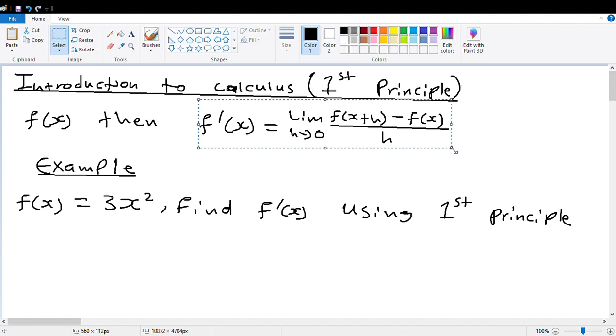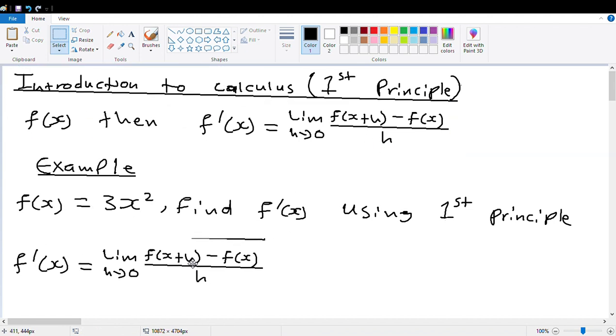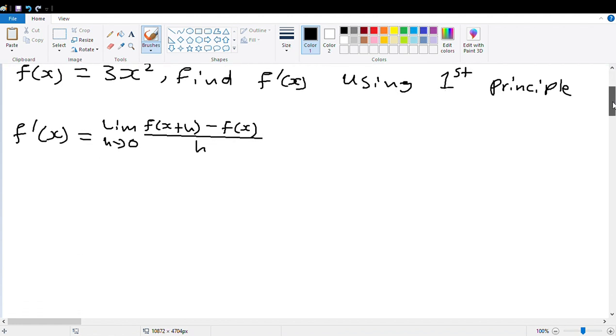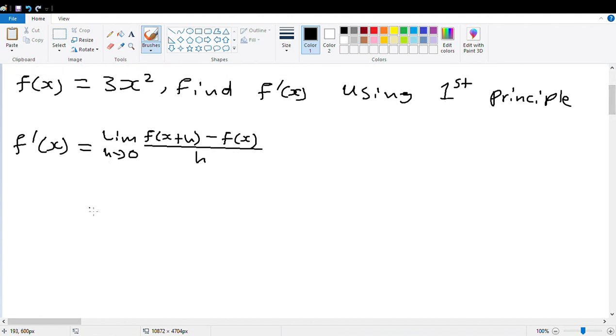Let me copy and paste. There we go. So we're simply going to substitute into this equation and find the derivative of f, which is f prime x. Okay, so to do that, we have a limit when h approaches 0, and for this f of x plus h, the exception is that whenever you see x, you're going to substitute it with x plus h.